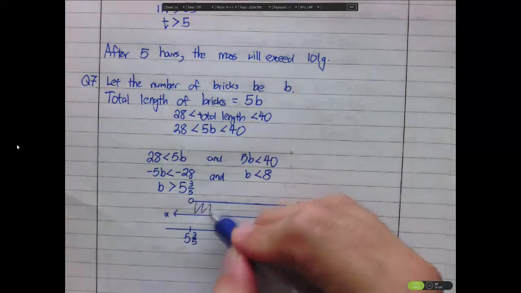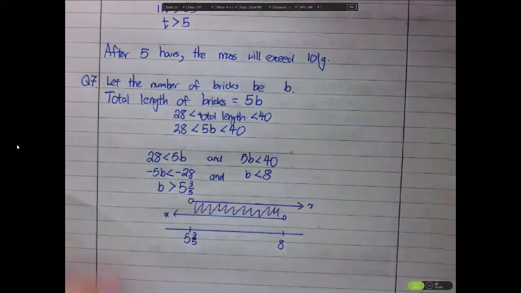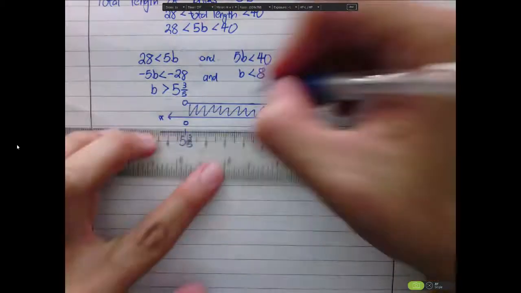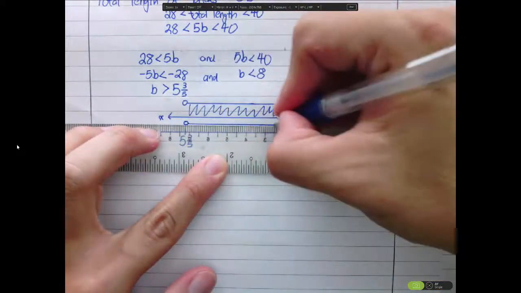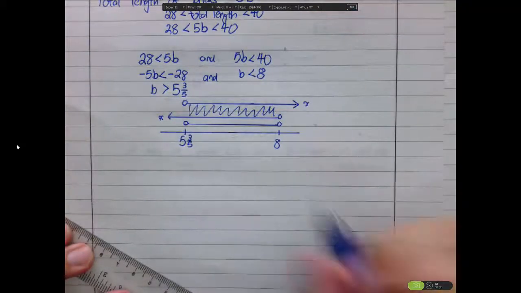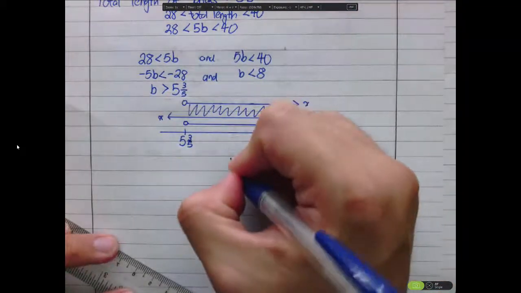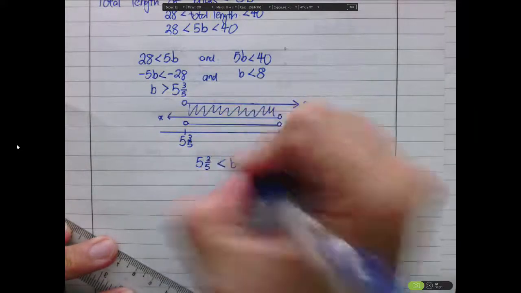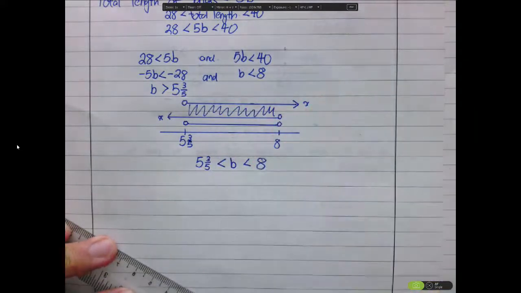The overlapping region is down here. So in the end, the final solution as represented on the number line is this third line down here. So I say that B must be greater than 5 and 3/5 and less than 8.